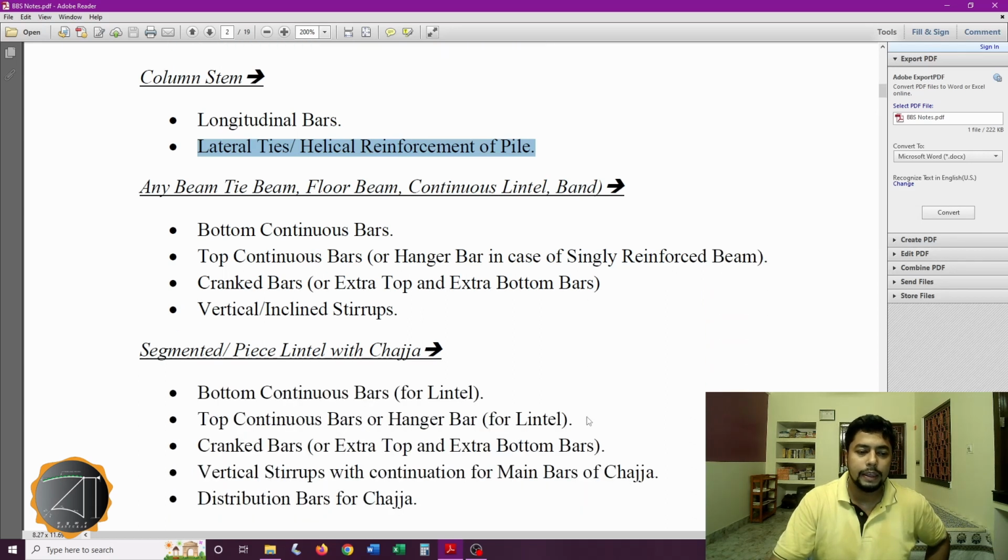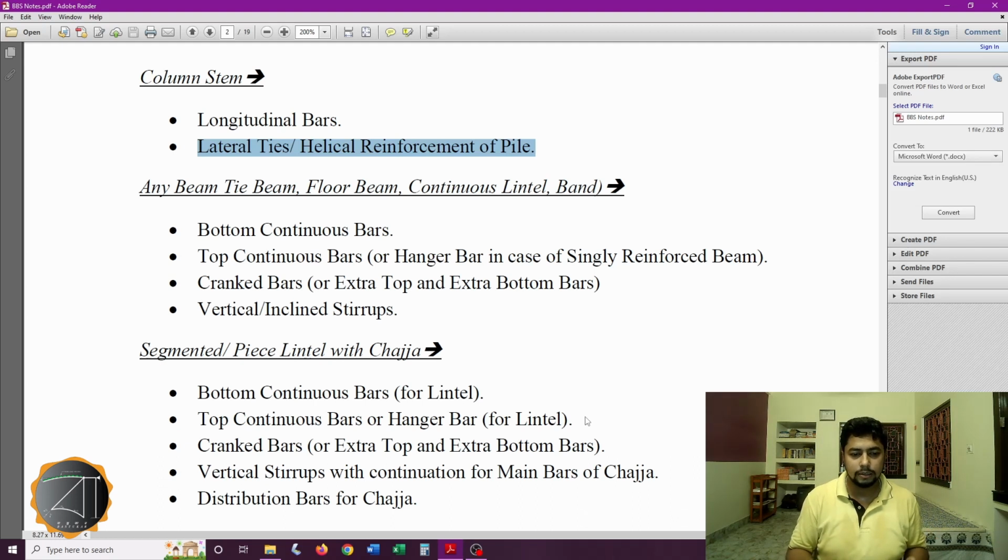Now, if there is a segmented or piece lintel with chaja, what I am trying to tell is that there is a lintel, and from that lintel chaja or sunset is coming out. Both of them are cast monolithically, as we already know.